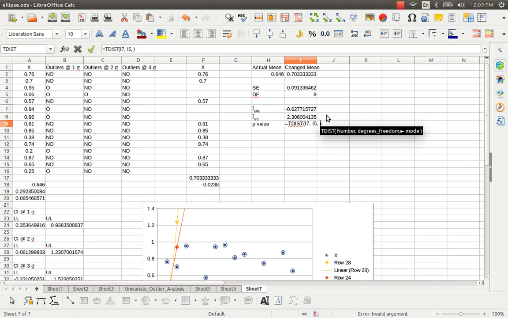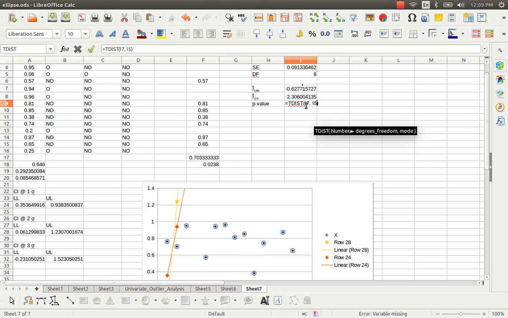I don't know, sometimes it works without 1 and sometimes it doesn't. Is it a minus value? Yes, absolute. Yes, so the p-value is 0.27, which is greater than 0.05. So at the 5% significance level we don't have any objection to accepting the null hypothesis.